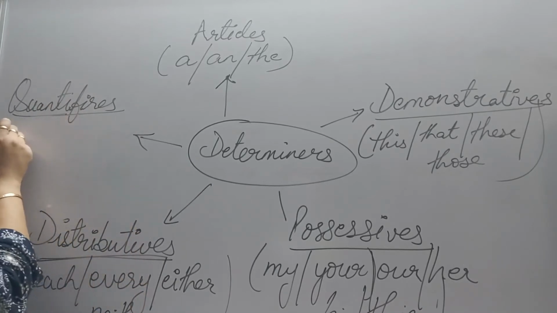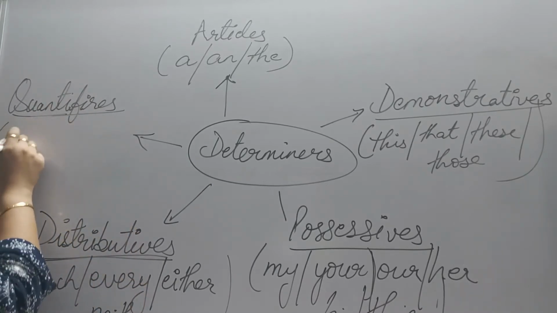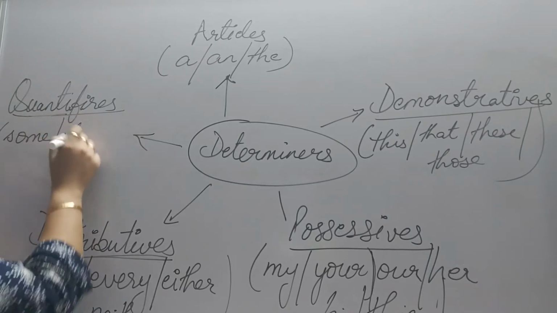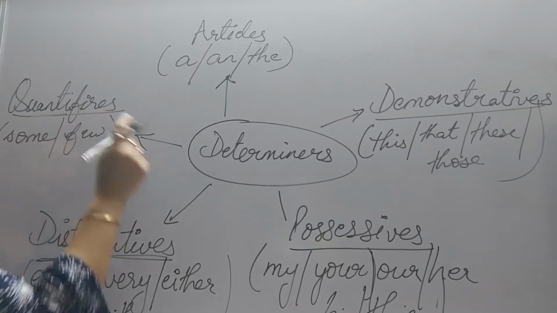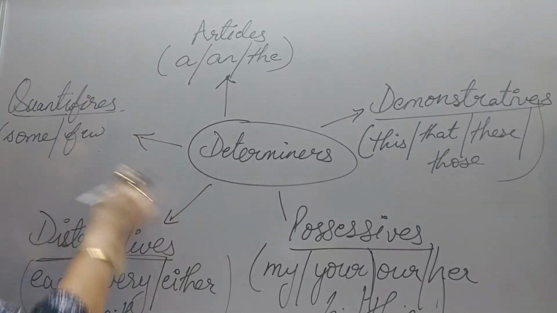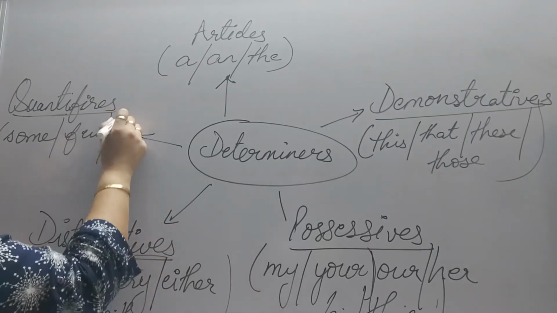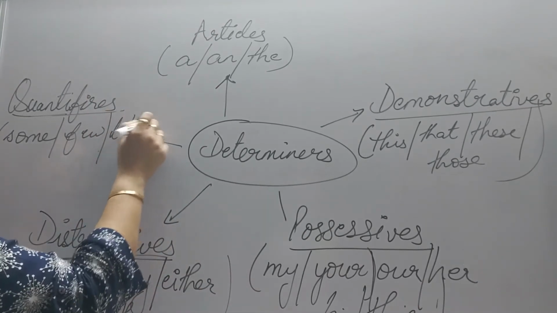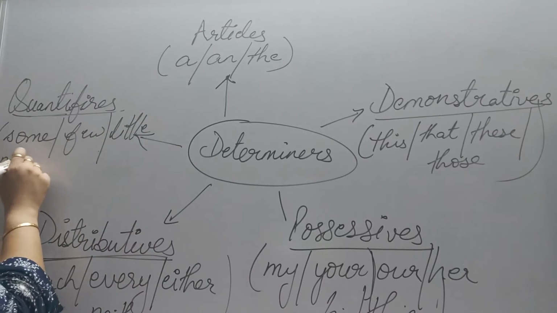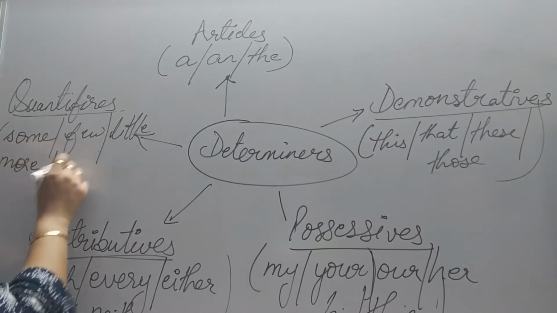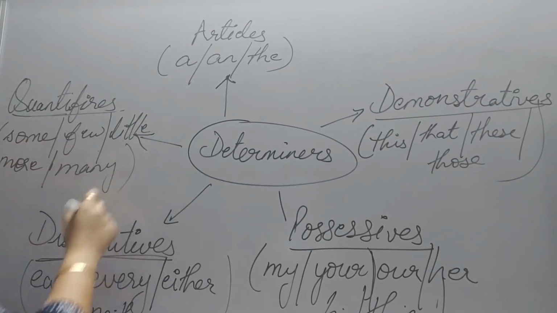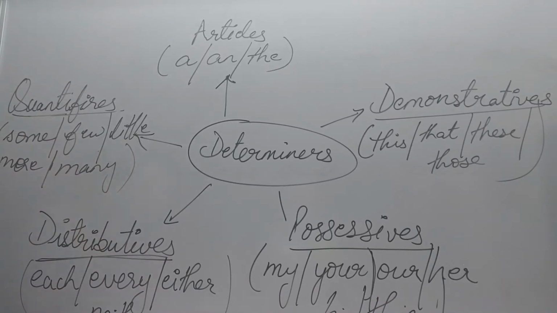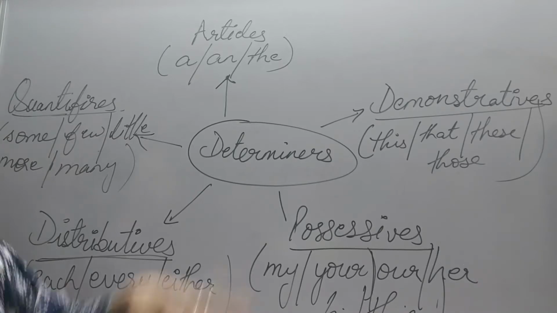Quantifiers, basically it has some, few, then you have a few, little, a little. So I'm just putting up few, little, more, many. Right, so plenty of these individual examples are there, but we will be doing each one of them separately.